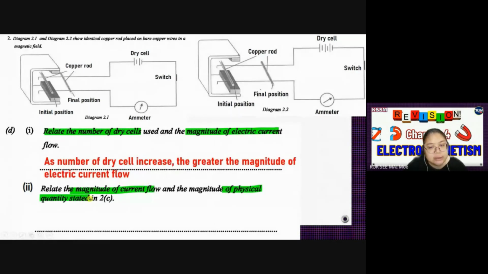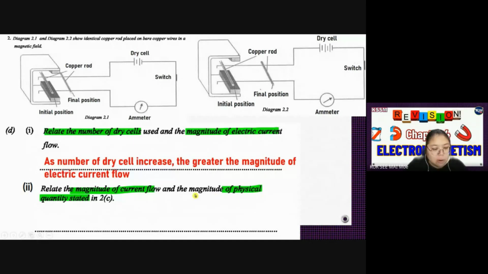Now the second relationship. The magnitude of the current flow and the magnitude of the physical quantity you stated just now. Just now you stated there is a force, is it? So now the MV is the magnitude of the current, and the responding variable now is the force.